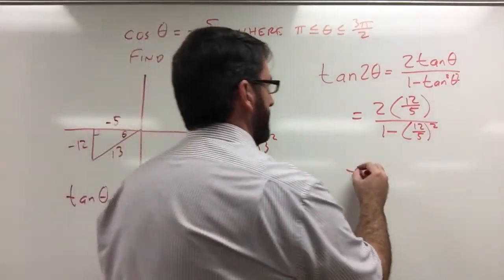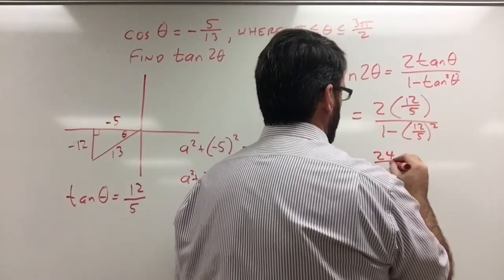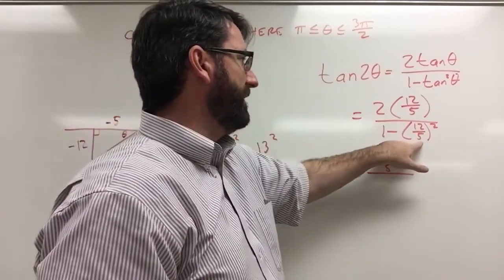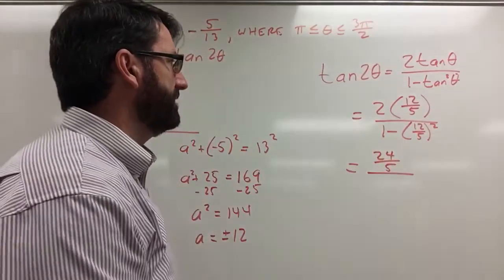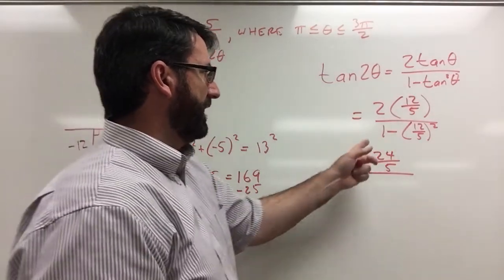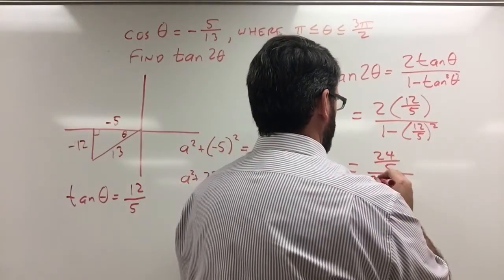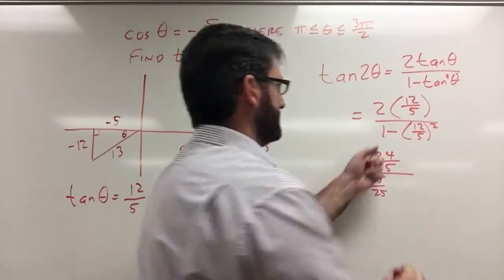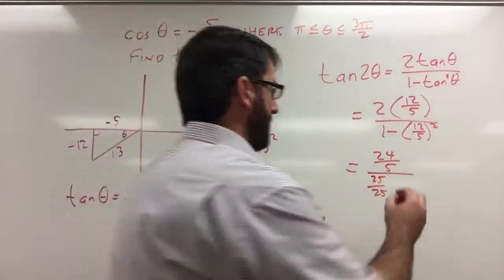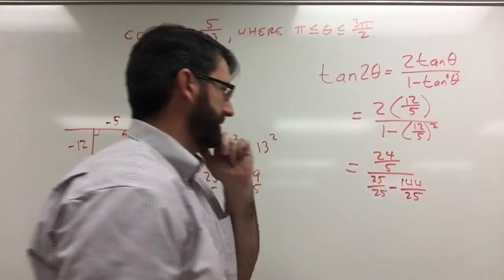All right, so on top here, 2 times 12/5 is 24/5. On the bottom, 12/5 squared is 144/25. If we're going to subtract those, let's go ahead and make this 25/25. That's just 1, but with 25 as our denominator, minus 144/25.